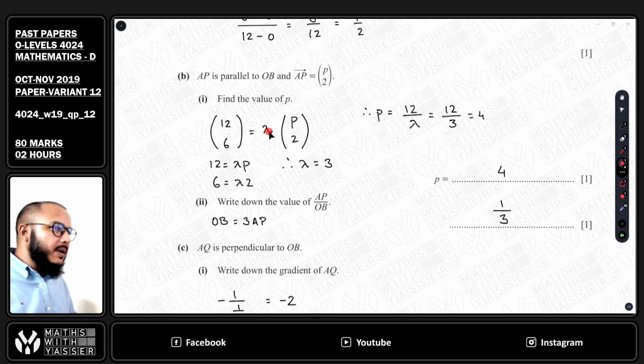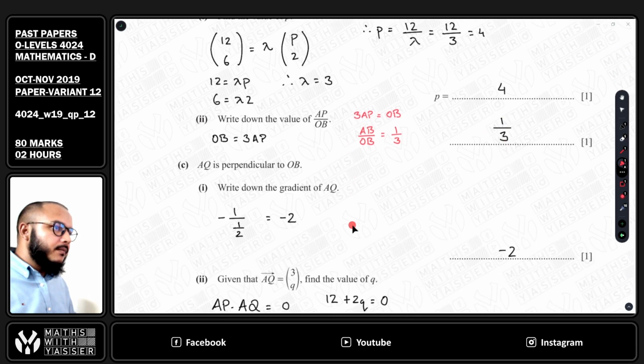So they are connected by the equation OB is equal to 3AP. That means AP over OB will be 1/3. And this is the explanation. OB equals 3AP can also be written as 3AP equals OB. So if I bring OB into the denominator, this 3 will go to the other side as a denominator. So that will be 1/3.